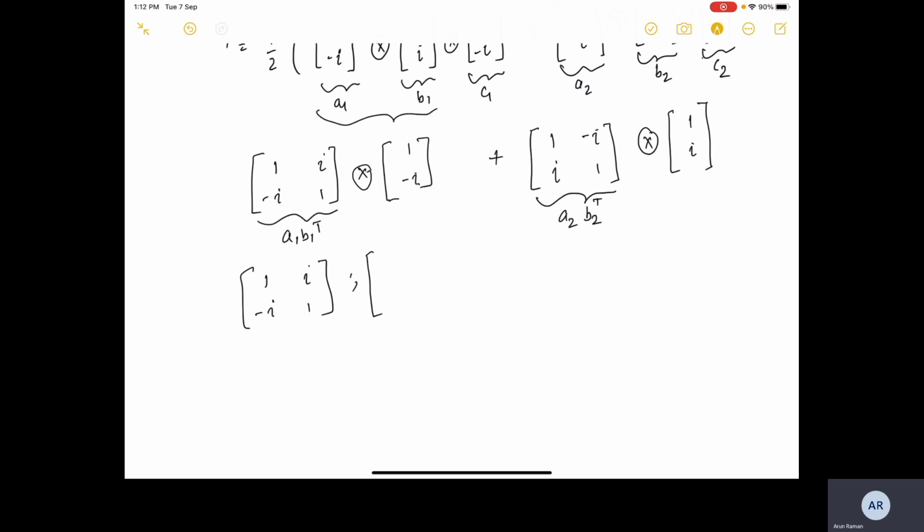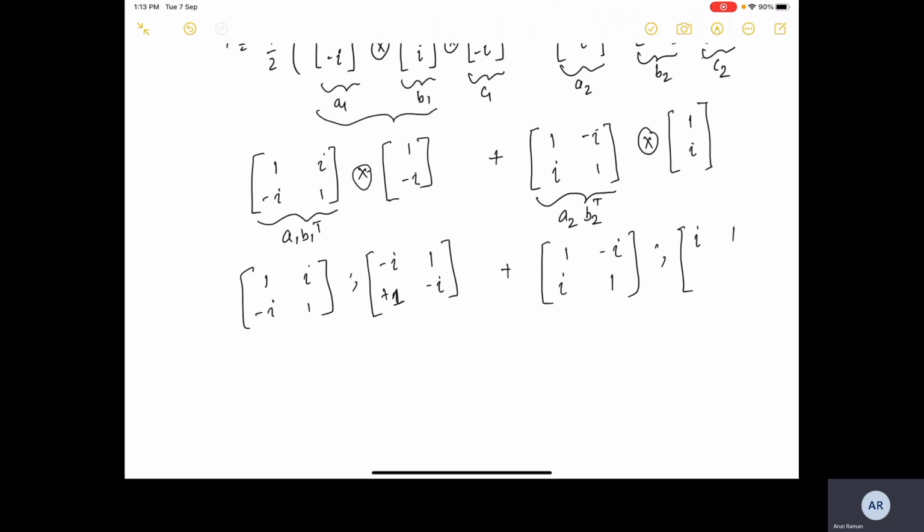Similarly, when we multiply it by minus i, minus i squared will be 1, again minus i squared here so plus 1, and here we will have minus i. On this side we will have 1, minus i, 1, and when we multiply by i we will have i, 1.